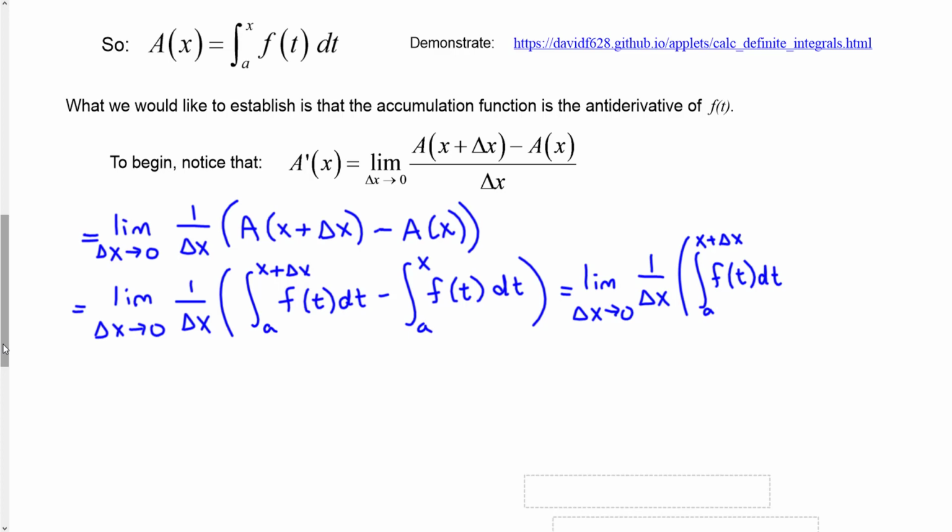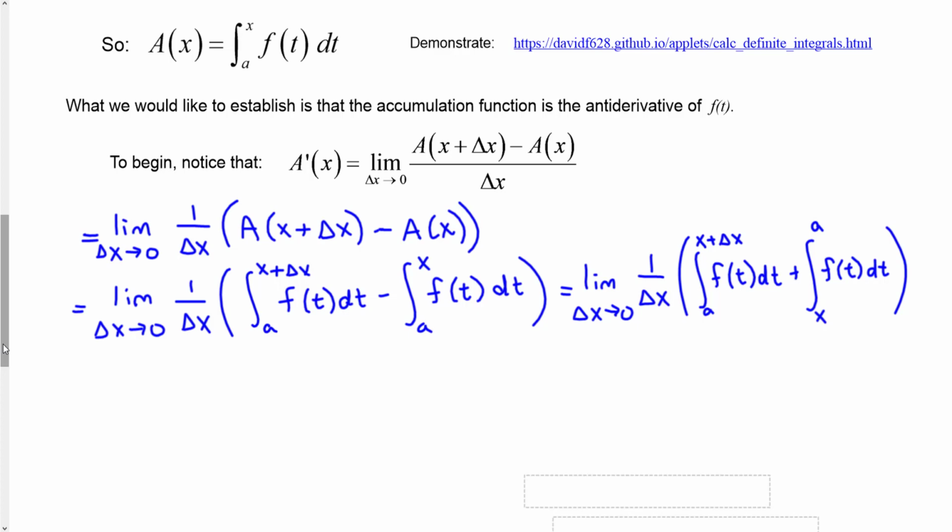And I'm going to change that minus into a plus. And I can do that from a property of definite integrals that allows me to change the sign on my definite integral if I swap the endpoints. So I'm going to make this plus the integral from x to a of f of t dt.